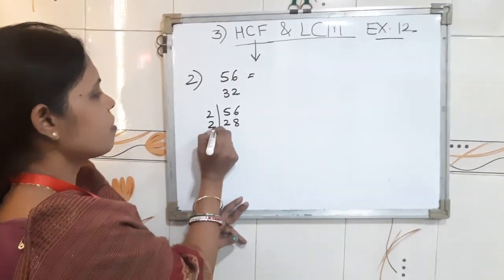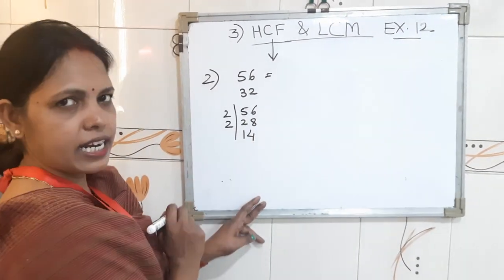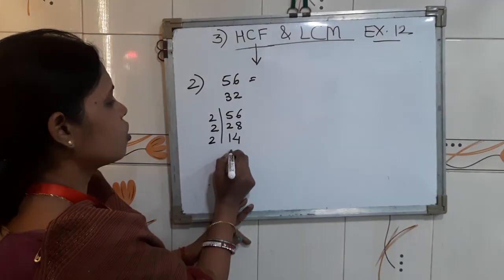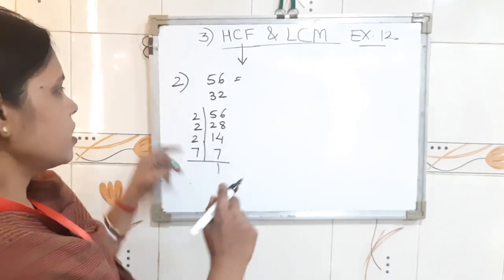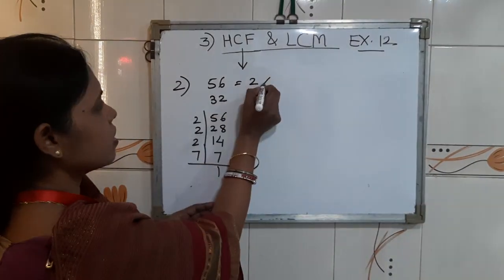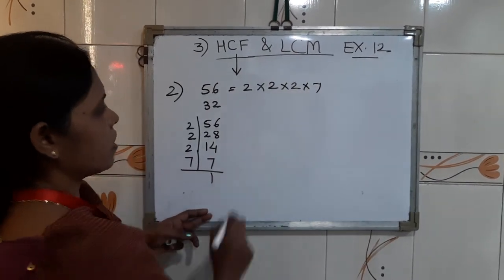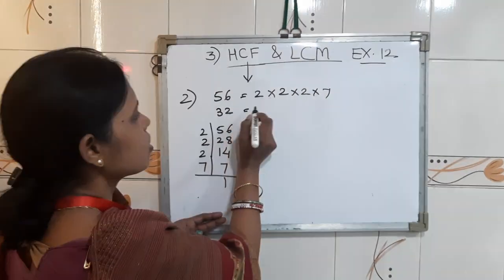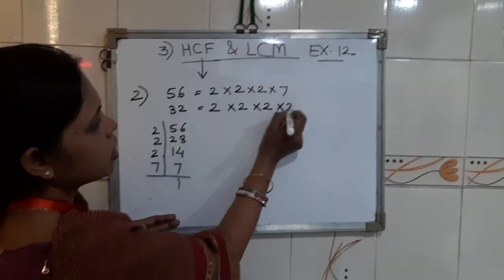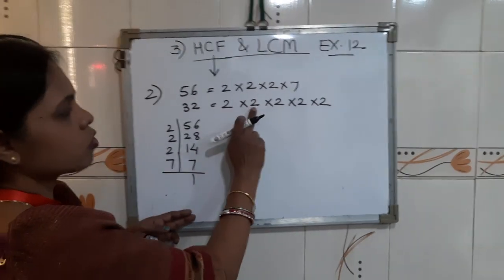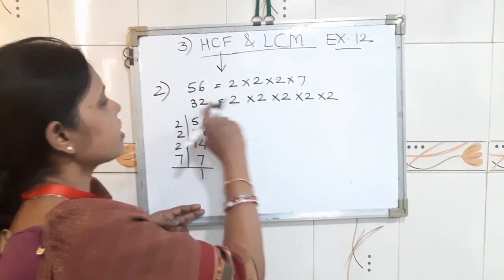For 28 the factors are 2 1s are 2, 2 4s are 8. For 14, 2 7s are 14. For 7, 7 1s are 7. Means for 56 we have the factors 2 into 2 into 2 into 7. For 32 we have the factors 2 into 2 into 2 into 2 into 2, 5 times. 2 2s are 4, 4 2s are 8, 8 2s are 16, 16 2s are 32.